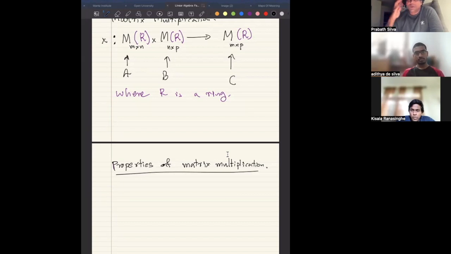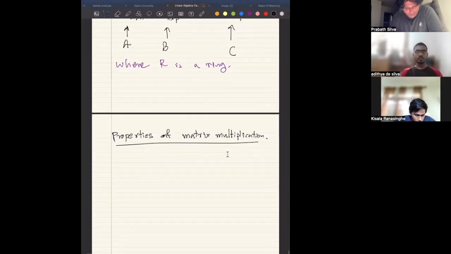Okay, so for now we are focusing on matrices, but just with the multiplication. So let's have a look at this definition. You have the definition of a monoid.